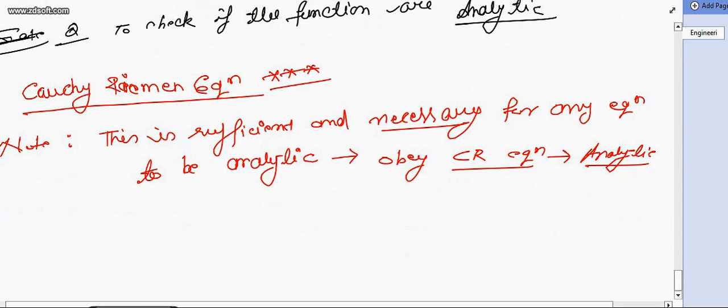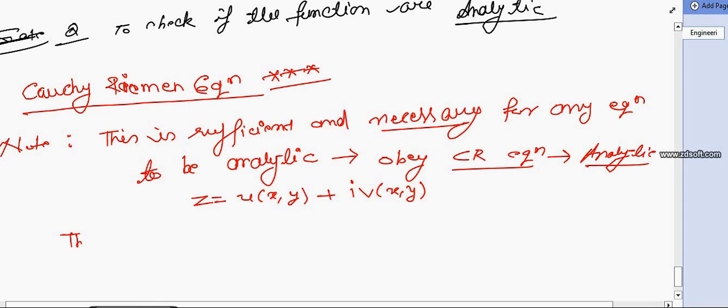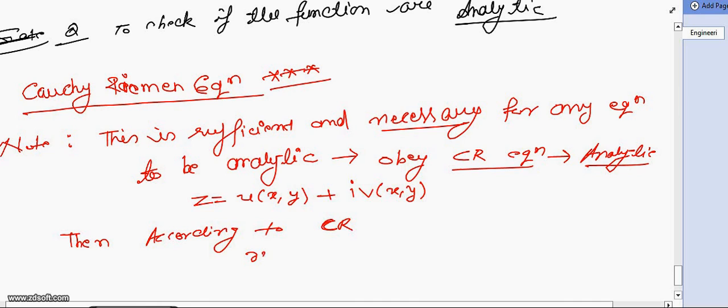Now what does it say? If we have a function z is equal to u, which is a function of x y, plus i v, which is again a function of x y, then according to CR, del u upon del x is equal to del v upon del y.